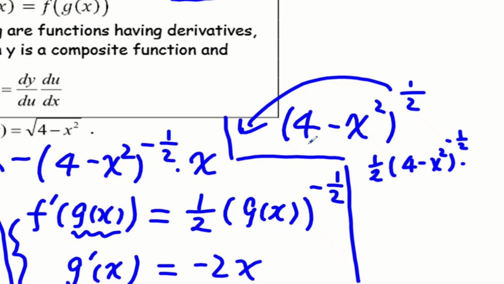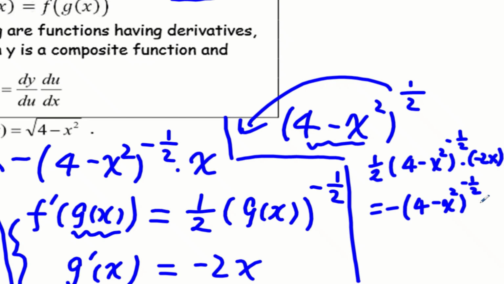Then we do whatever is at the base: the derivative of 4 minus x squared gives you negative 2x. Then you simplify 1 over 2 times negative 2 gives you negative, and you get the answer. So this is another way you can think of it.